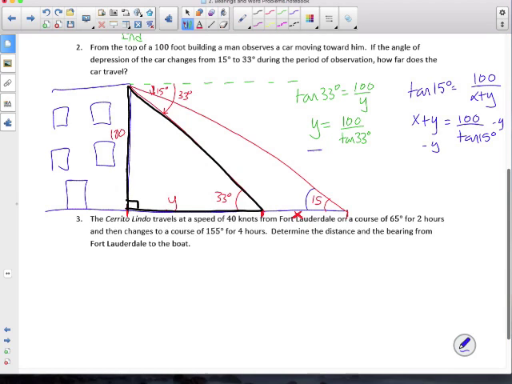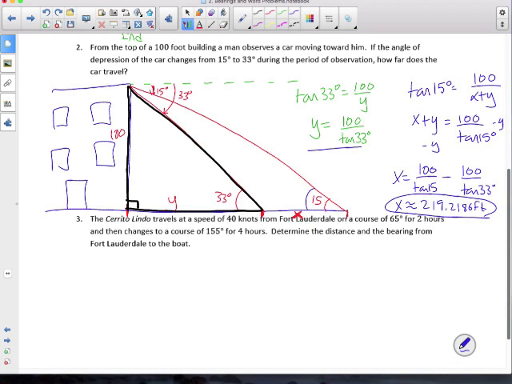But remember that y is really this. So I can write this as 100 over tan 15 minus 100 over tan 33. And this is the exact answer. And if I type this into my calculator, I get that the car has traveled approximately 219 feet.